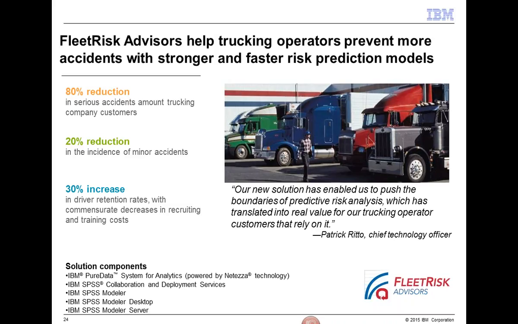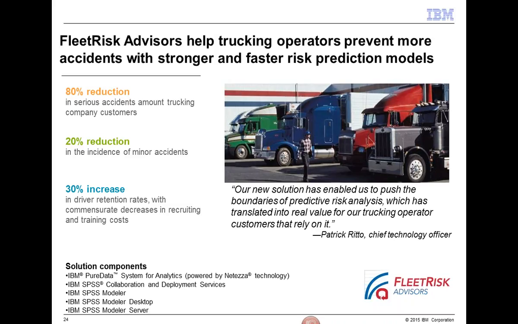And what that meant was they could take that rating, give it to their customer, and their customer could then look at it and say, if they have a driver that has a really high risk rating, maybe they need to give him more training, or find out exactly what he's doing, because he's at a higher risk of having an accident, which would result in a loss for the company and possibly a loss of life, right?